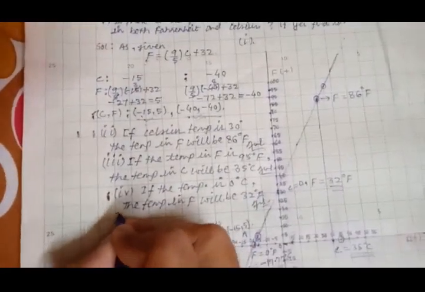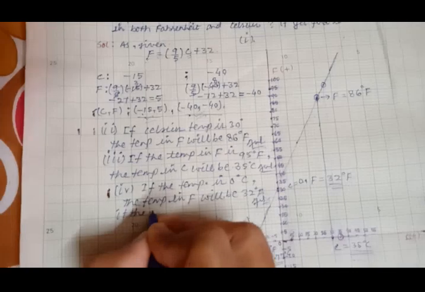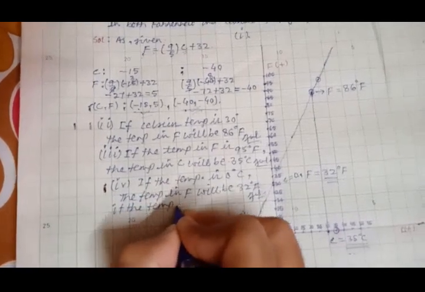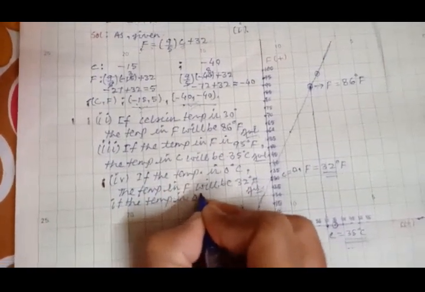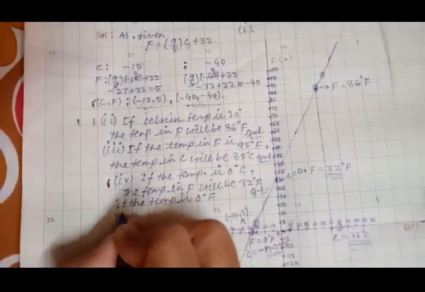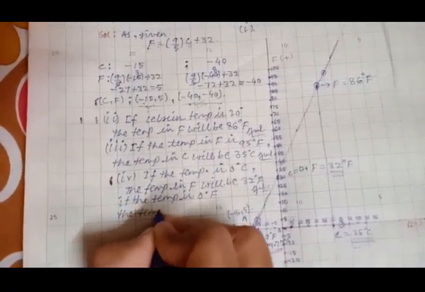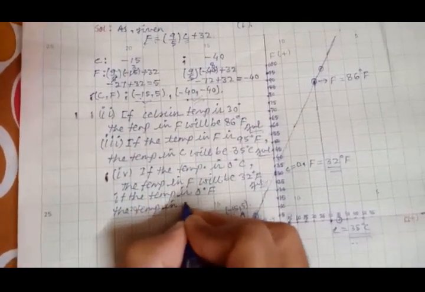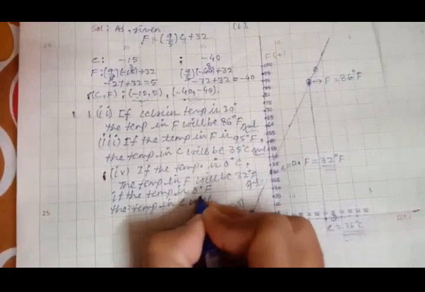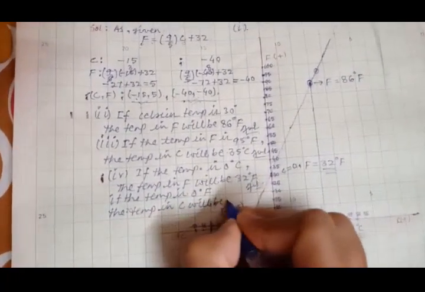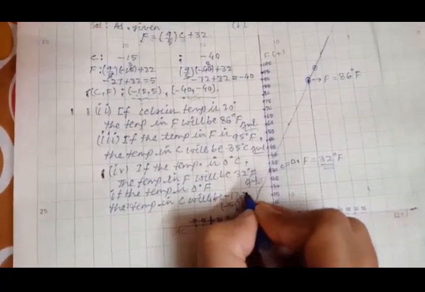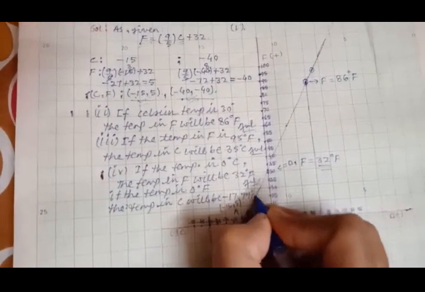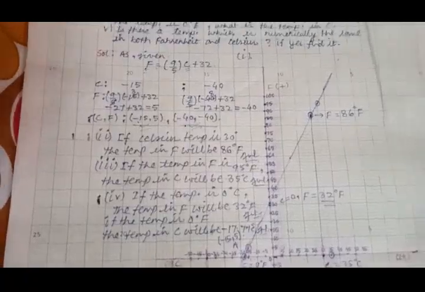That's why if the temperature is 0 degrees Fahrenheit, then the temperature in Celsius will be -17.77 degrees Celsius. That's the required answer.